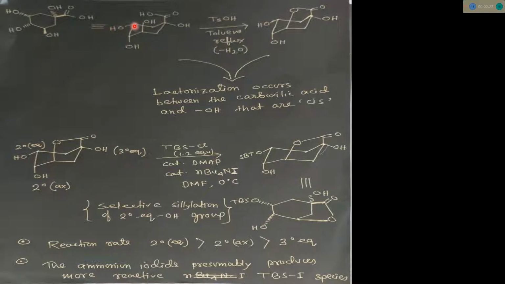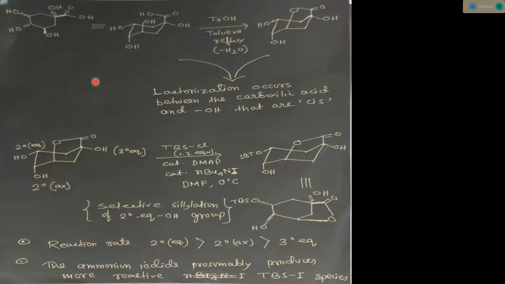If we draw this cyclohexane in chair form, then we can see this carboxylic acid is above the plane, so it should be in axial position, and the hydroxyl group at position 3 is also above, meaning axial. The other ones at 4, 5 and also 1 should be below. So these are equatorial, below, and the one at 4 is axial, that is below the plane. So this is the chair form of this moiety.